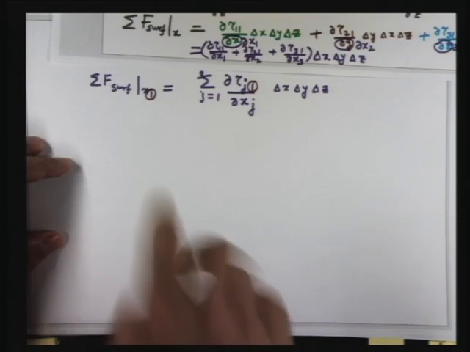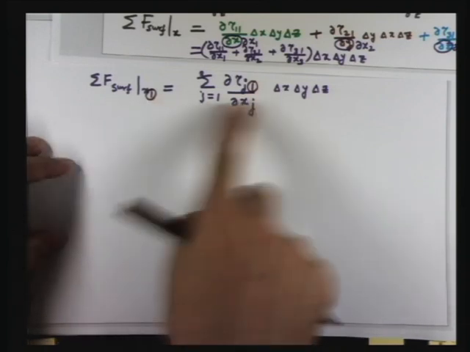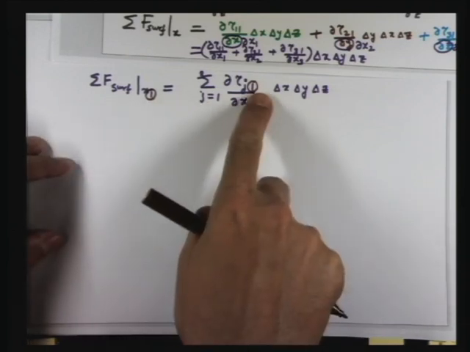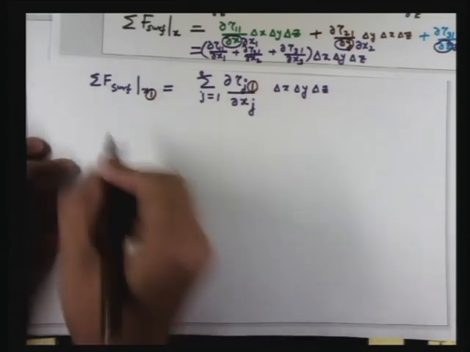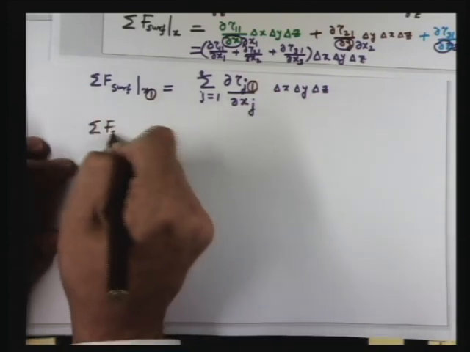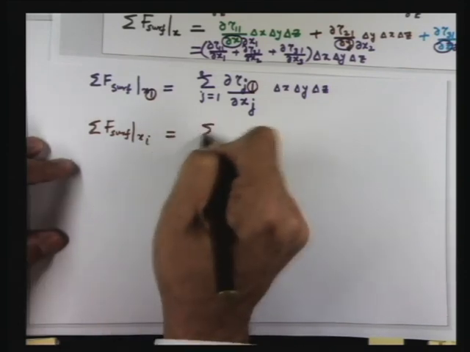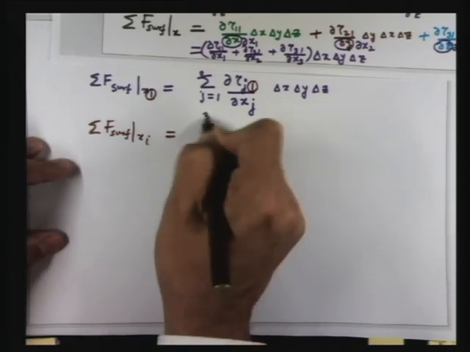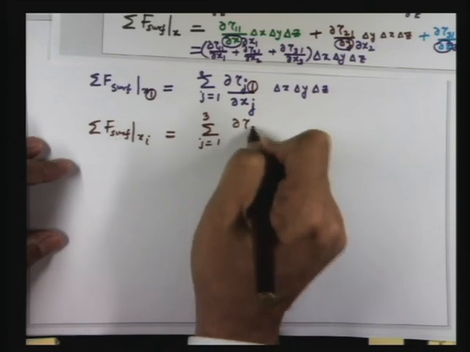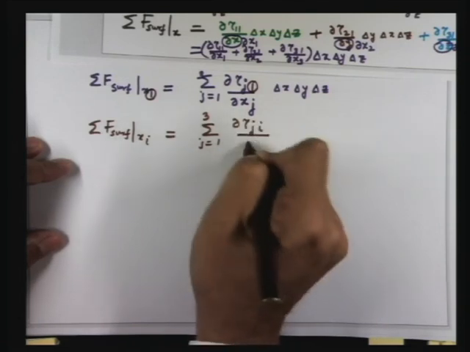For the force along xi direction, the index in place of 1 will become i. So the summation of surface force along xi direction is the summation over j equal to 1 to 3 of del tau ji del xj.